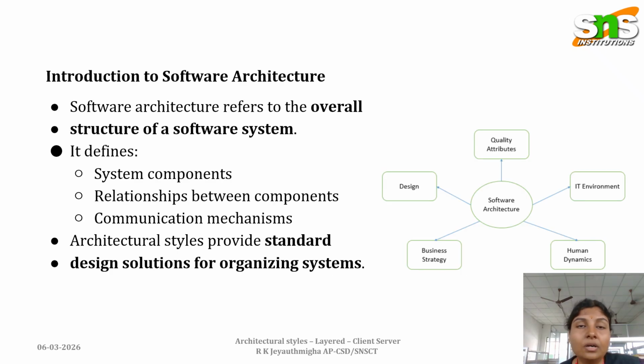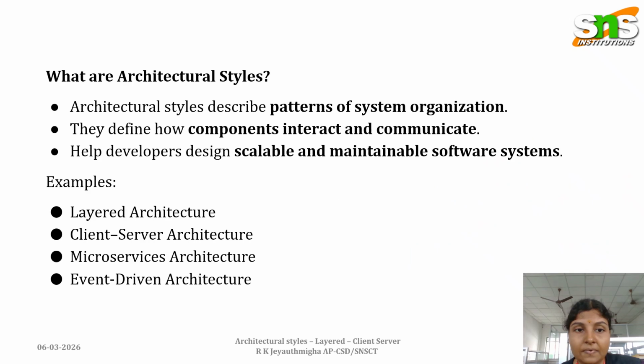Introduction to software architecture. Software architecture refers to the overall structure of a software system. It defines system components, relationships between components, communication mechanisms. Architectural styles provide standard design solutions for organizing systems. What are architectural styles?